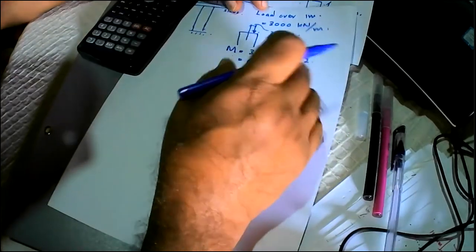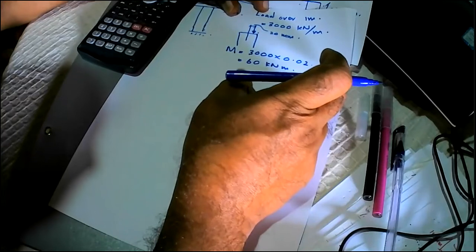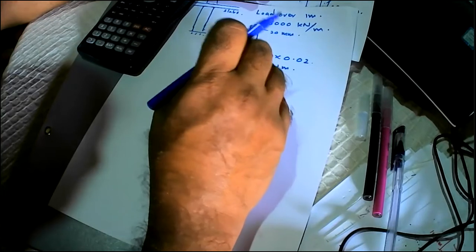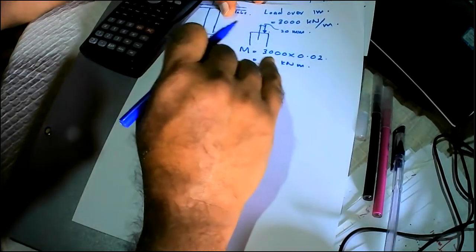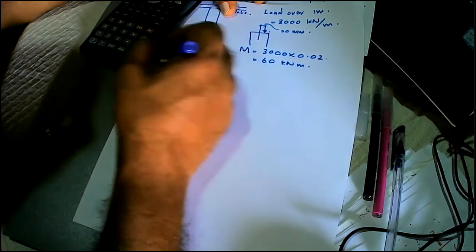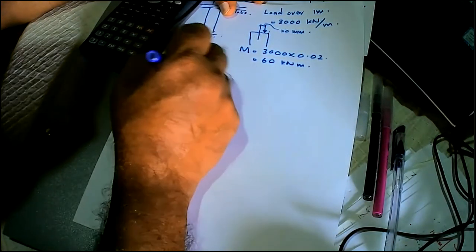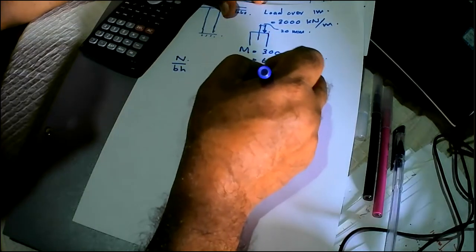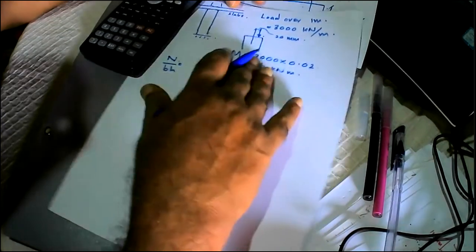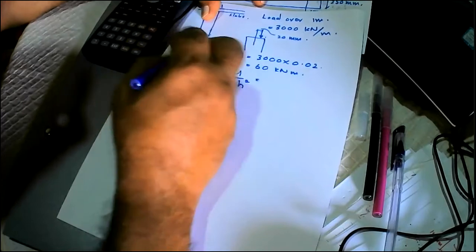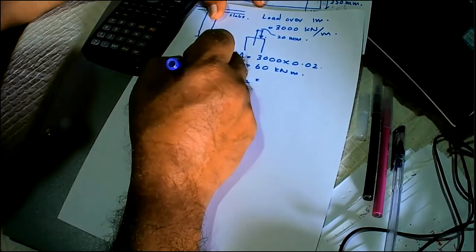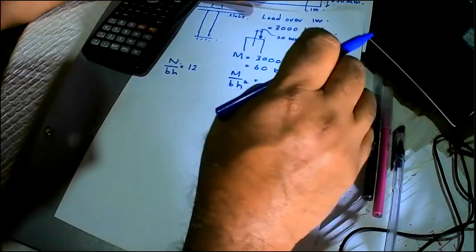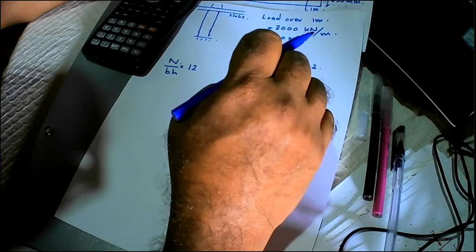So what we do is, we consider 1 meter length of the wall, then consider that this stress can act at an eccentricity, and then find the corresponding moment. And then we find N over BH, and M over BH squared. N over BH is the stress, that is 12,000 or 12. When you are going to use the chart, you have to get the units in newtons per millimeter squared.